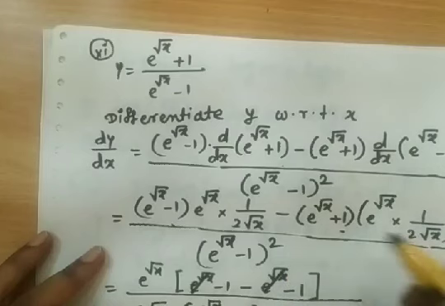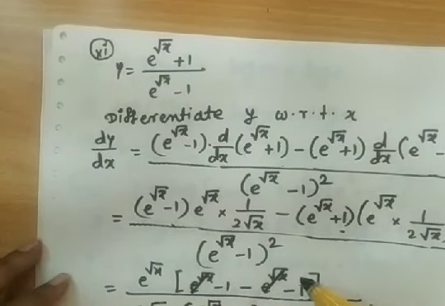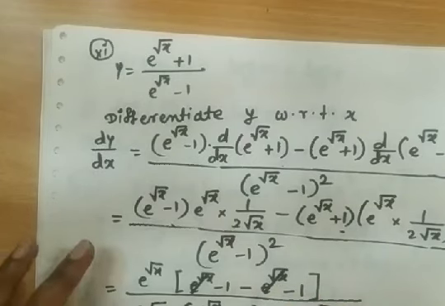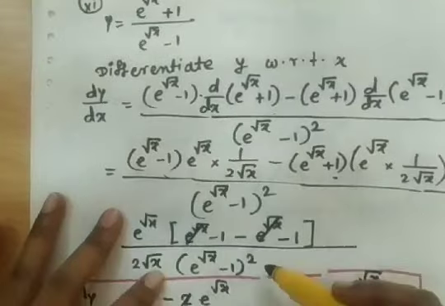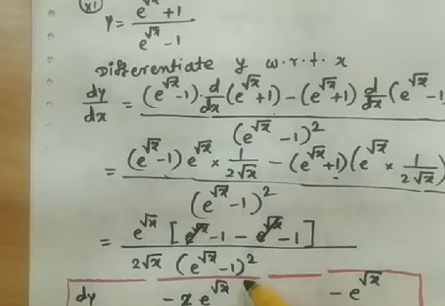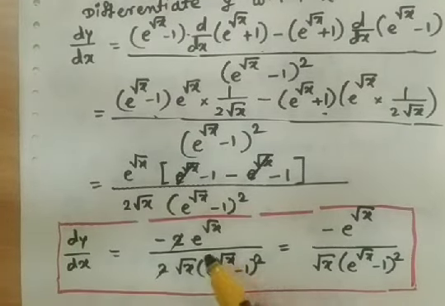This minus and this plus becomes minus 1, and the minus and plus terms get cancelled out, and divided by 2 root of x into (e raised to root of x minus 1) whole square. And the final answer is, minus 1 becomes minus 2.